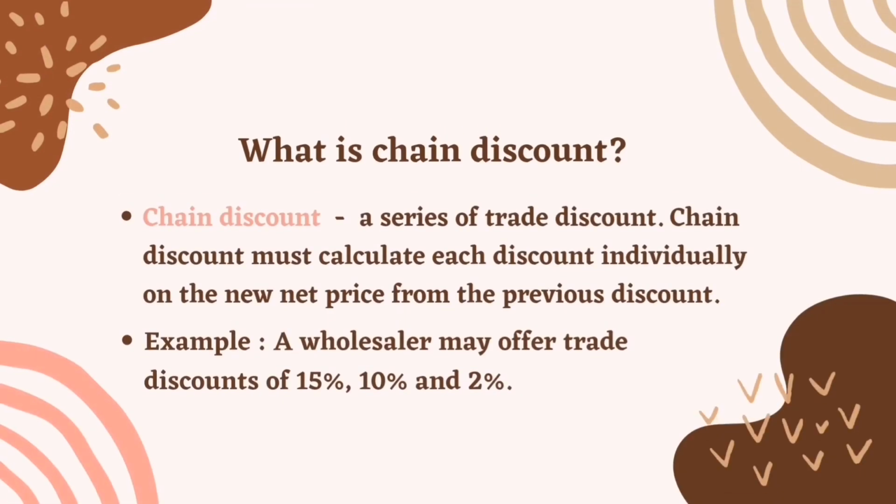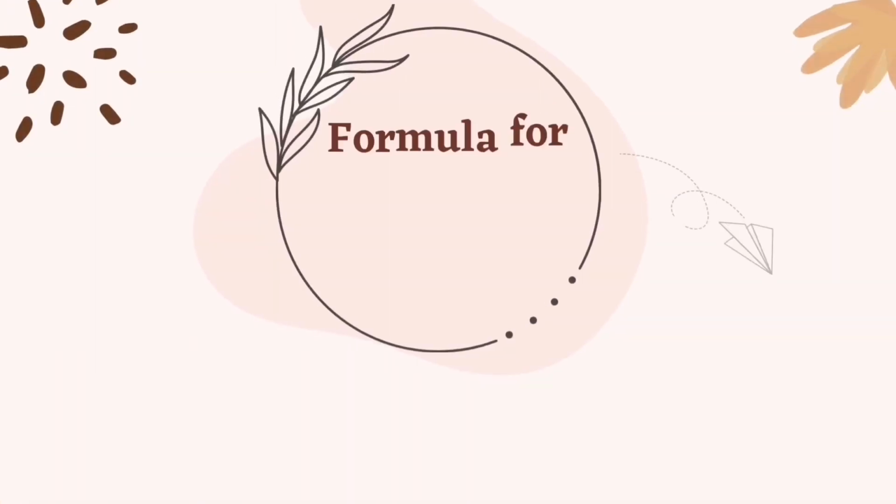Next, I will explain chain discount. Chain discount is a series of trade discounts. Chain discount must calculate each discount individually on the new net price from the previous discount. For example, a wholesaler may offer trade discounts of 15%, 10%, and 2%. Chain discount has two formulas.